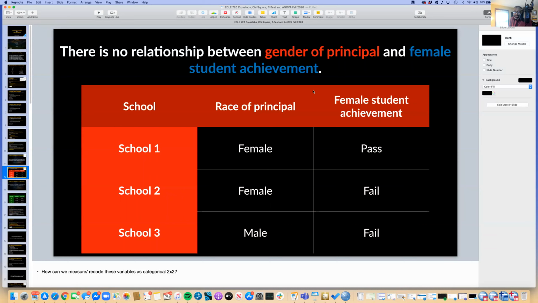Now, in the instance that the p-value is above 0.05 and things are violated within that data set, then you would fail to reject the null hypothesis. You can't reject it, and this has to stand. And you would say that there's no relationship, that you can't reject that null hypothesis.